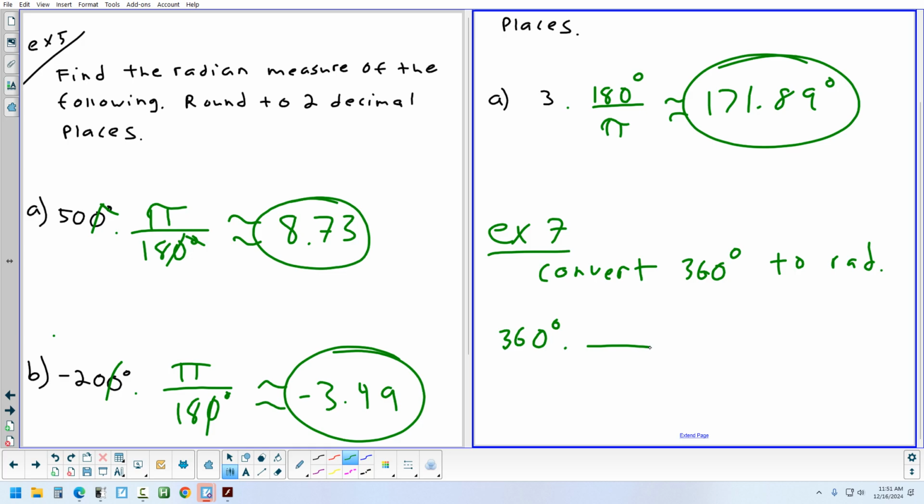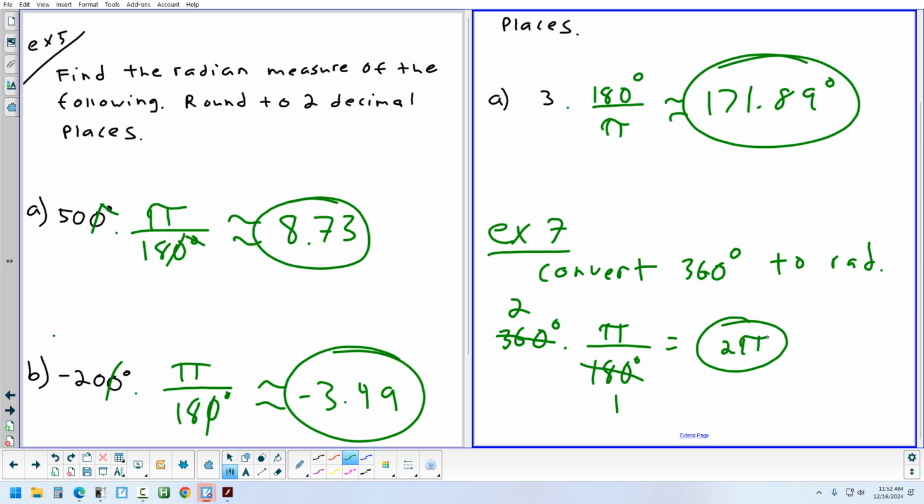Pi over 180 degrees. Wouldn't it just be 1? And what goes into both 180 and 360? 180. How many times does 180 go into 180? Once. And into 360? Twice. So what do you get? 2 pi. And that's an important one to remember.